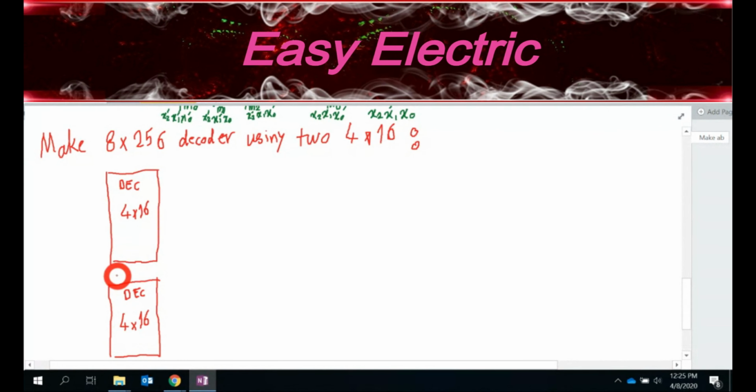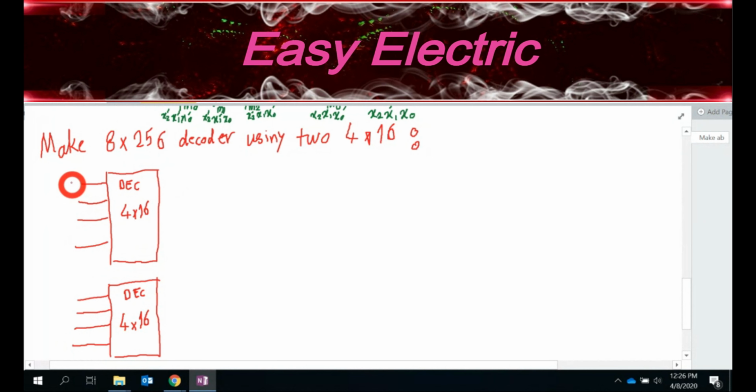Okay. So what you expect to see is that each definitely should have 4 inputs. So this is 1, 2, 3, 4. This is 1, 2, 3, 4. Okay. So what you want to make is 8.